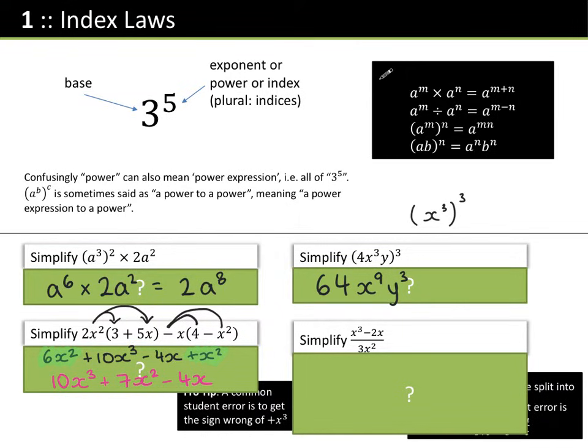And then for the last question, we have a fraction. Now, when we are simplifying fractions, as long as they all have a common multiple, we can start cancelling. As you can see here, all of them have an x. So I could rewrite x cubed as x times x squared minus 2 lots of x over 3 lots of x lots of x.